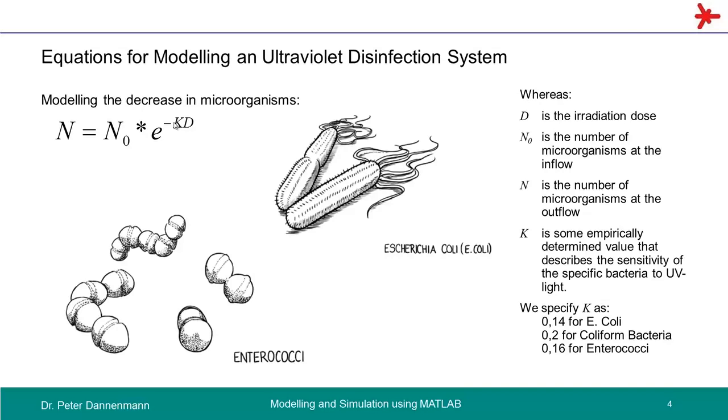As stated above, in our system we want to achieve an irradiation dose of 400 joule per square meter. This will decrease the amount of bacteria by almost 99.99%.